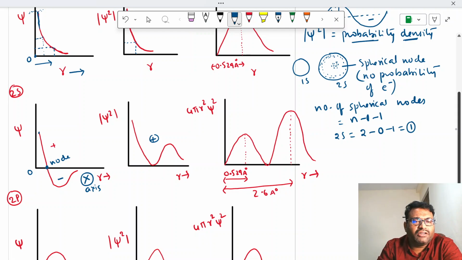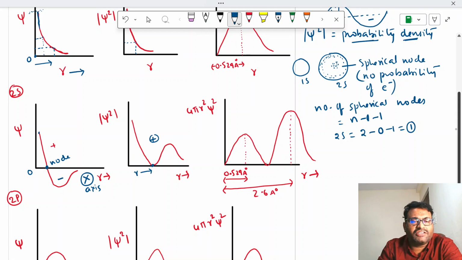Very close to the nucleus it has more probability, and as the distance increases the probability decreases, and at a particular distance from the nucleus the probability is 0.